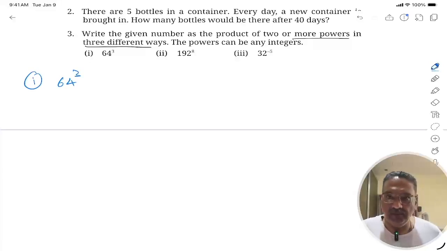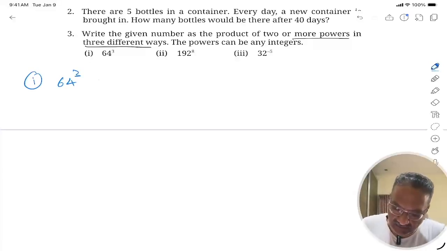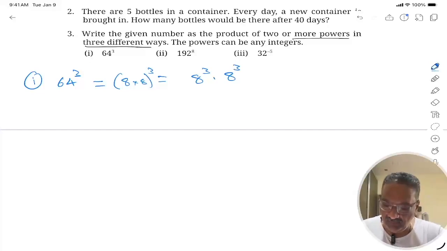What is 64 cube? How can you write 64? 64 can be written as 8 8s are 64, (8 into 8) to the power of 3 is equal to 8 cube into 8 cube. This is one way. Further, how can you write 8 as 2 cube?